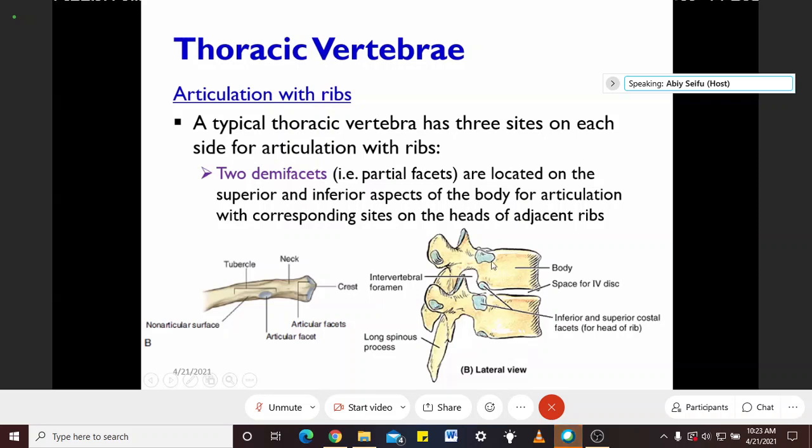Now, the two found on the body articulate with the heads of the ribs, whereas the facet found on the transverse process articulates with the articular facet of the tubercles of the ribs.